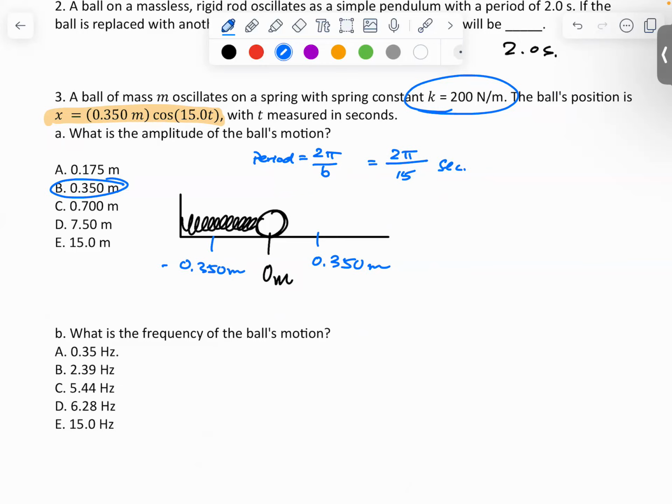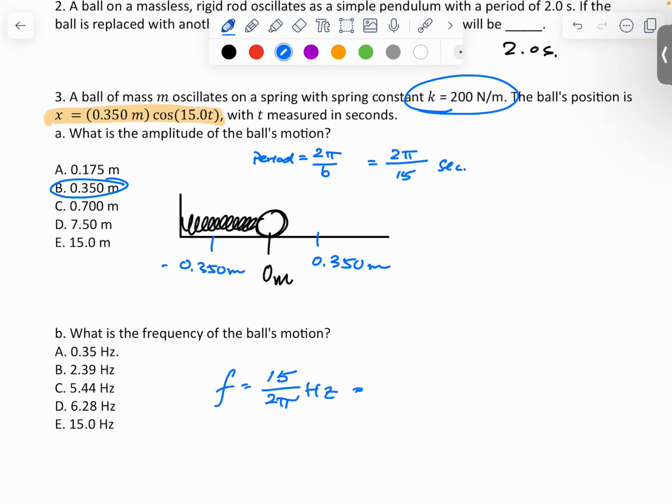Okay, so what's the frequency? We got the period. So frequency is simply, you just flip the fraction. 15 over 2 pi hertz.